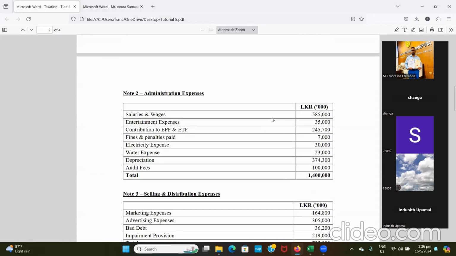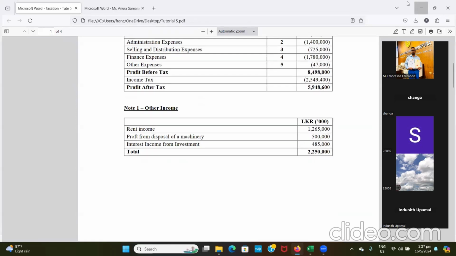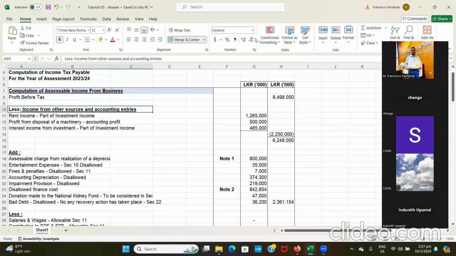So now we can move to other income. We have rental income 1,265,000. This is being included under other income. You know that rent income does not come under business income, so we cannot keep it there. Therefore, under income from other sources and accounting entries, we write rent income and remove it, because this is a part of investment income.